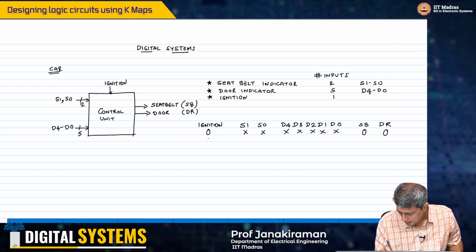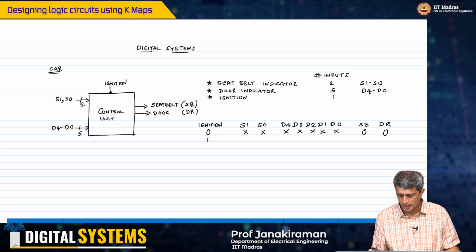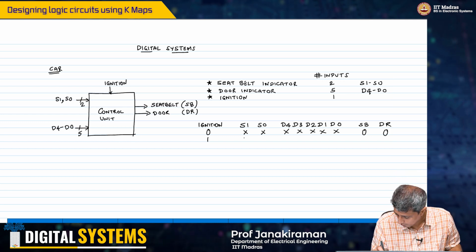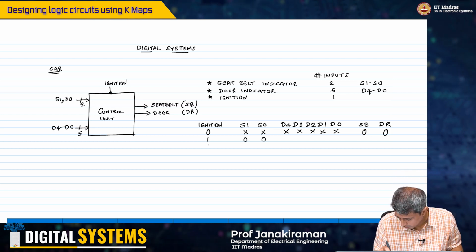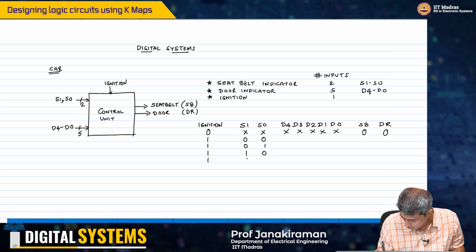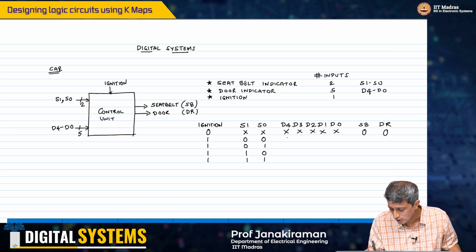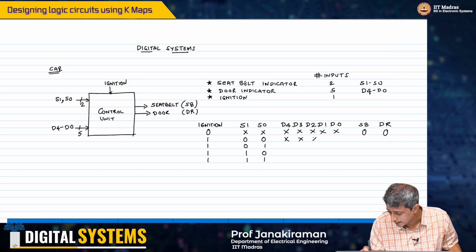And then when the ignition is turned on, right, we can do the following. We can go through 0 0, 0 1, 1 0, 1 1. Now again here it is interesting to note that we will basically be saying it does not matter what the state of the door is.